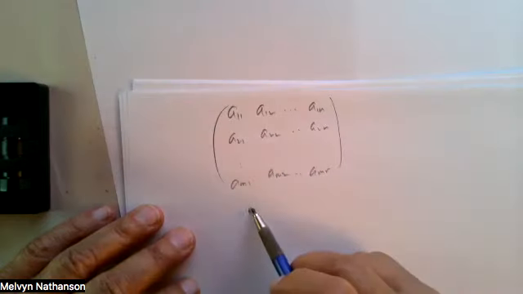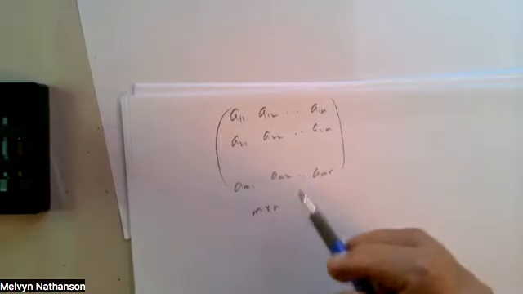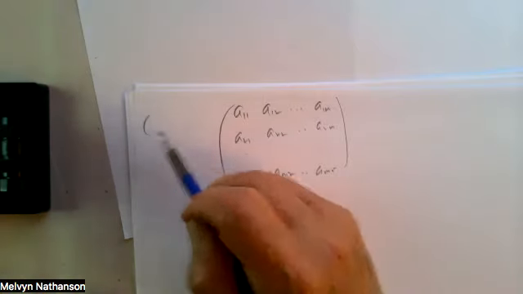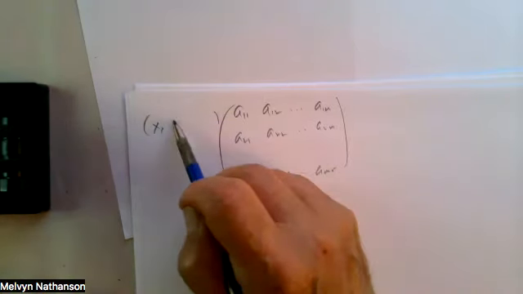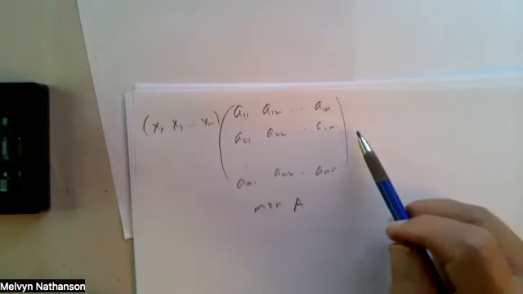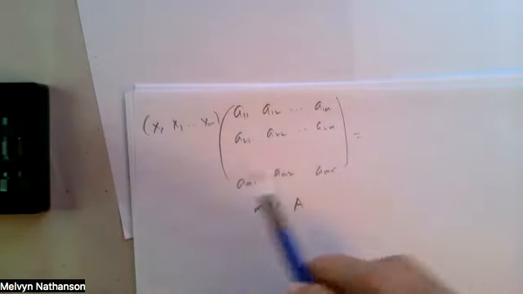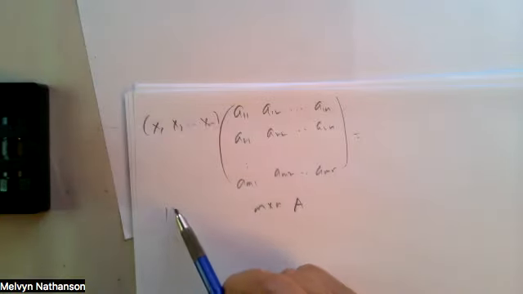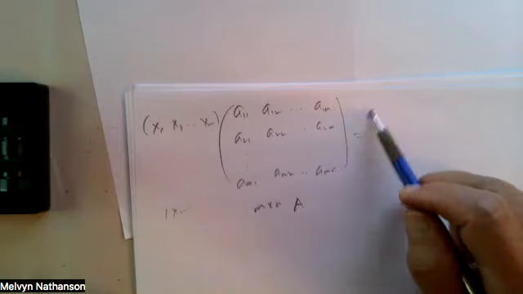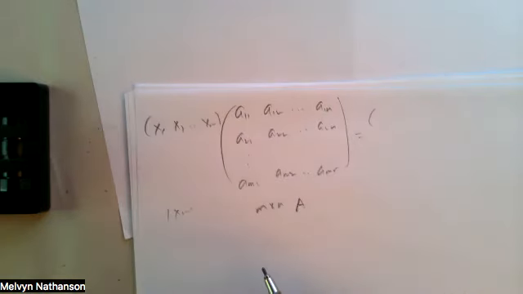So this is my m by n matrix A. And I'm going to multiply that by a row vector, x1, x2, up to xm. The result is going to be a row vector with n coordinates.